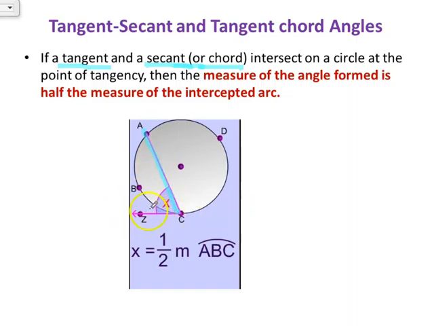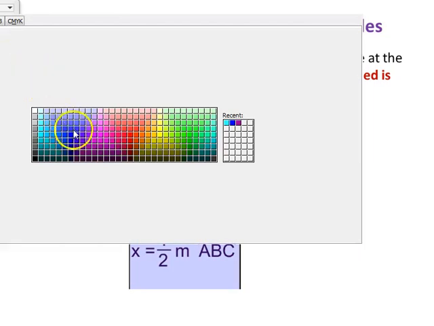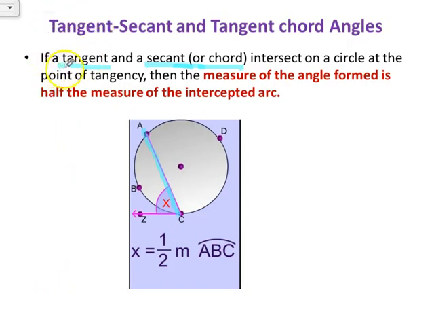And then our tangent. Remember, a tangent is when a line or segment just touches a circle at one place. Let's use a different color to show that. The tangent is this segment from Z to C, right there. So we've got a tangent and a chord, and the vertex is on the circle at the point of tangency.